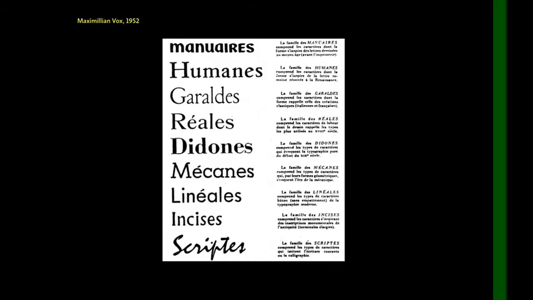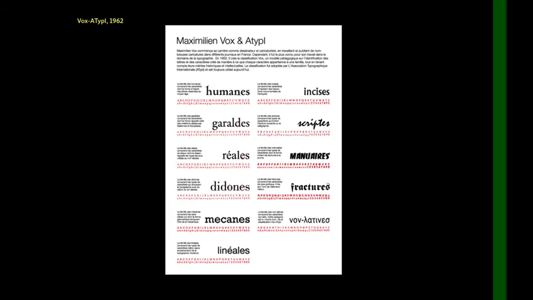Maximilian Vox in 1952, he proposed this system. 2, 3, 4, 5, 6, 7, 8, 9, 10 different categories. Vox's system was adopted by ATypI, which is the Association Typographique Internationale, a European typographic association.